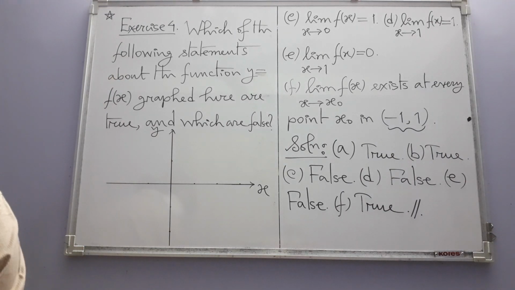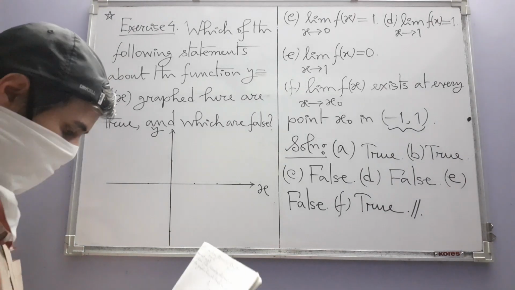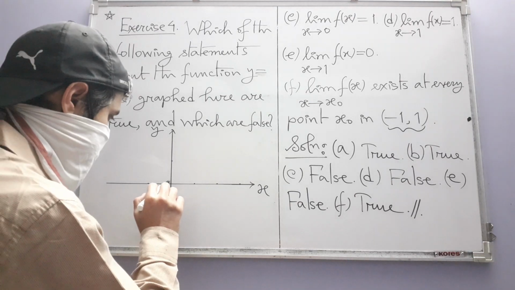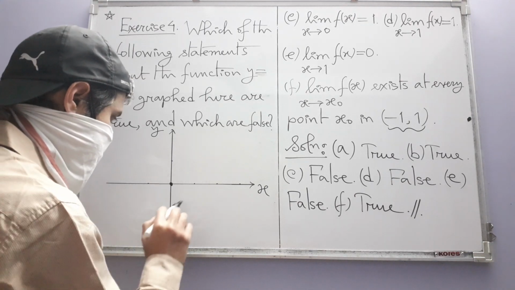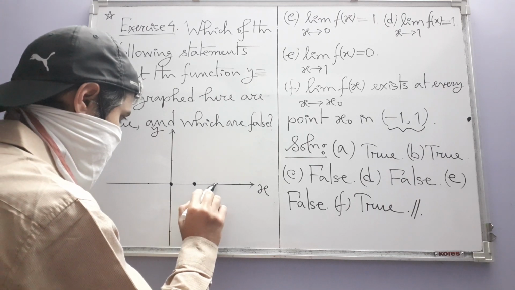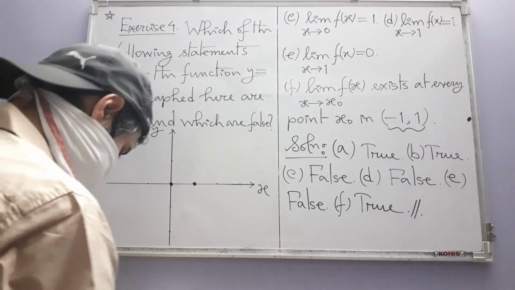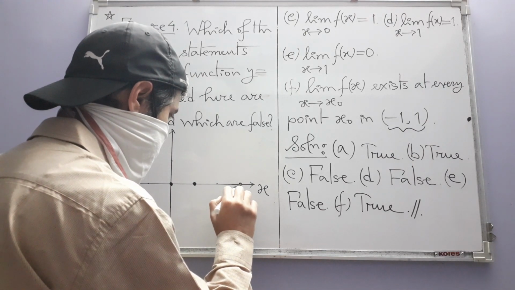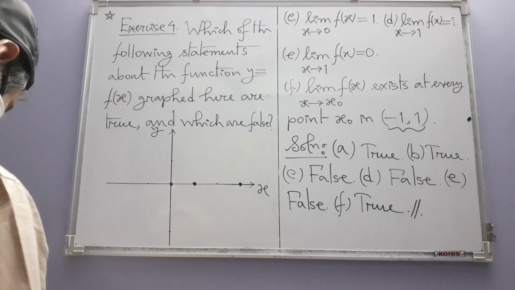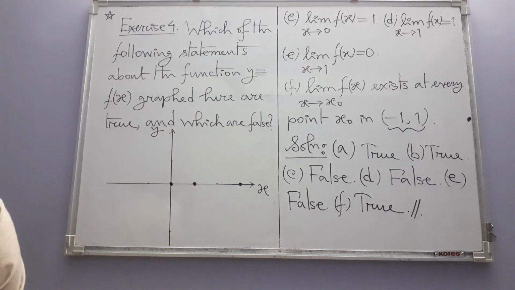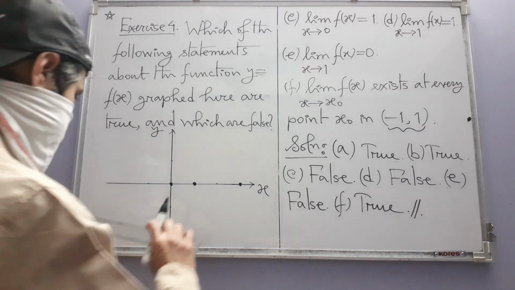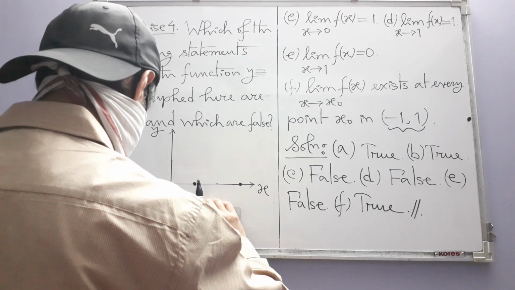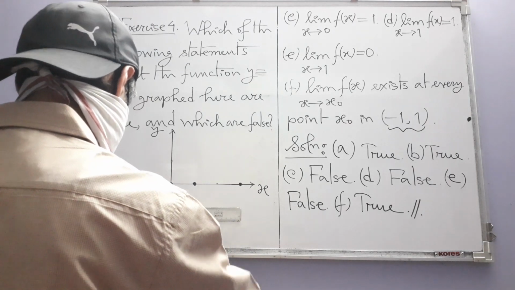Okay, now there are many black points. Let me first draw the ones that are on the x-axis. These are all blackened but it's not a part of the graph, and there is one more. This one.